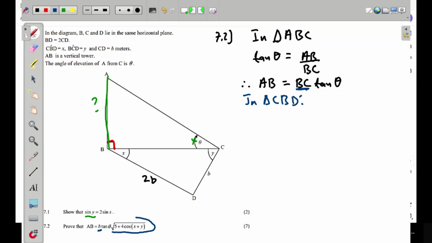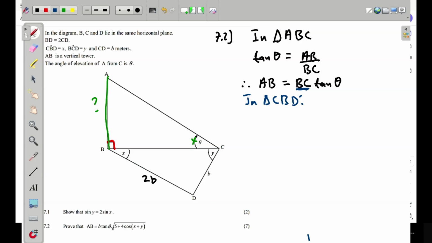But this time, look, there's no sine involved here in what you want. So there's no need for the sine rule. There's a square root appearing. The one rule that has squares in it is the cosine rule. So I need to use the cosine rule to find BC.